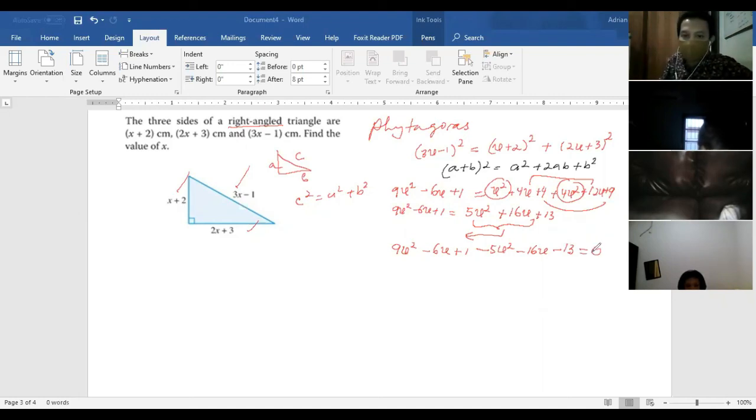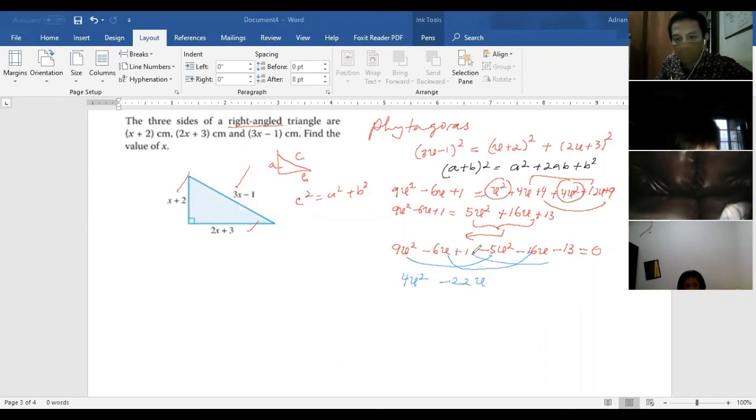Is it correct? Go! Next, everyone, listen here. Focus. Okay, this one, 4x squared, right? And this one, minus 6 minus 16, minus 22x. And the last here, minus 12 equals 0.